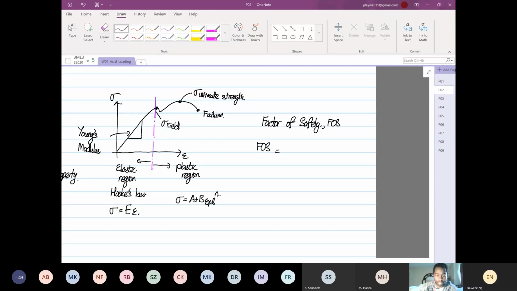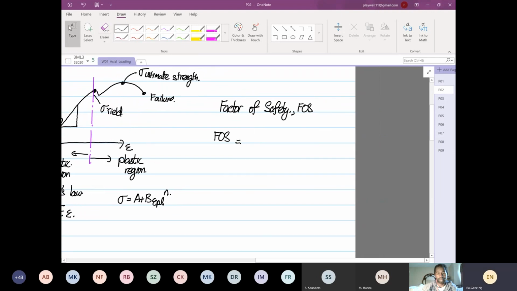No? How do you calculate your factor of safety? Anyone? Okay, so factor of safety, if you look at the textbook, will be equal to ultimate strength divided by stress allowable.